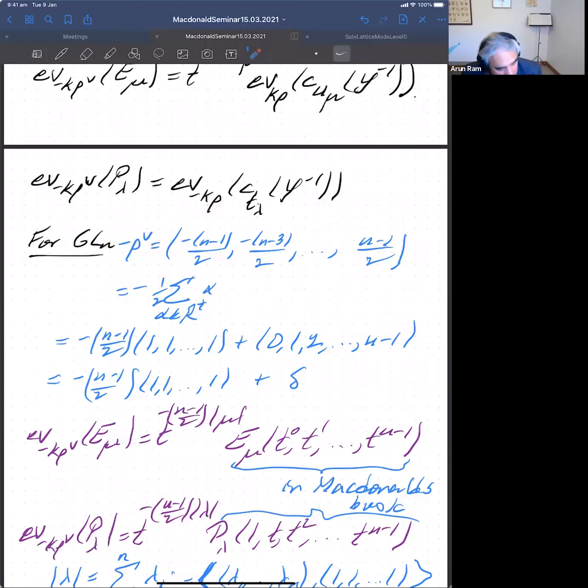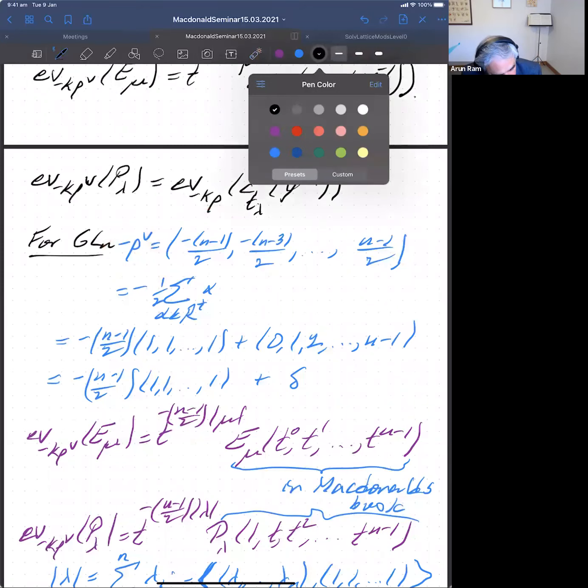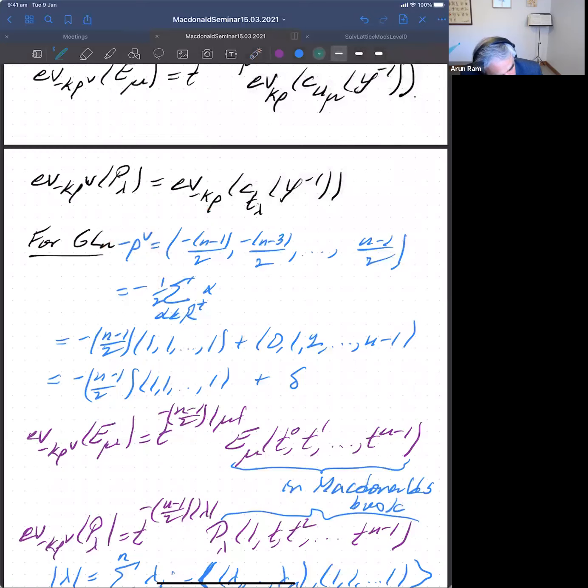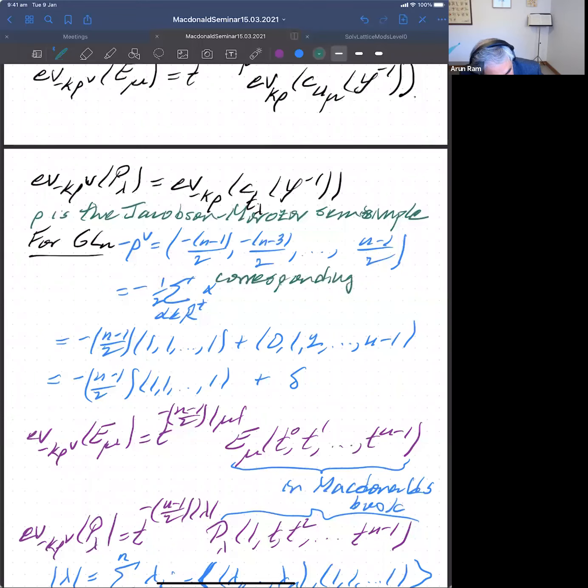If I were going to make a remark on that, this is maybe a little bit more advanced, but rho is the Jacobson-Morozov semi-simple corresponding to the regular nilpotent.